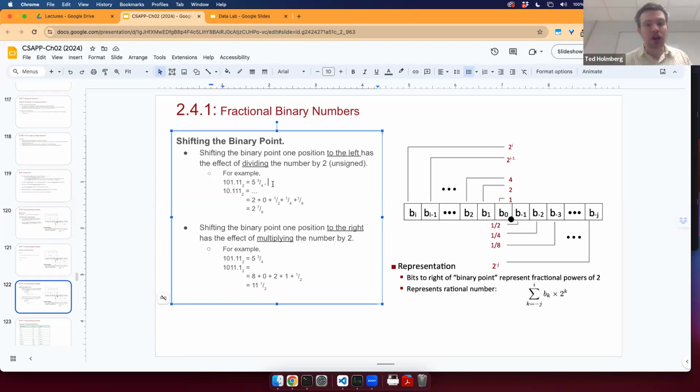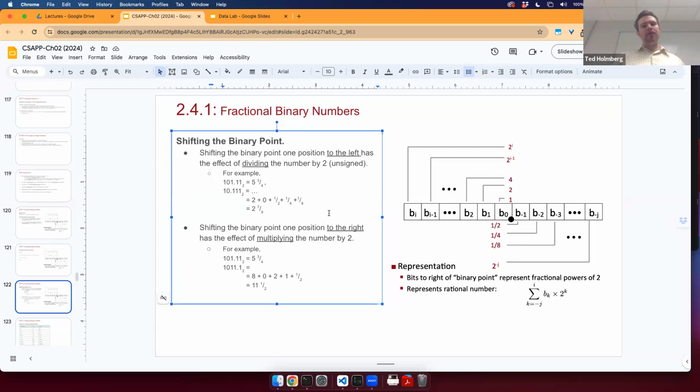If I were to simply shift my binary point by 1 to the left, we can test the effect by seeing how that binary sequence changes on a per-bit level. Now it would be the equivalent of 2 plus 0 plus 1/2 plus 1/4 plus 1/8, which if we sum that together is 2 7/8, which is half of our 5 3/4.